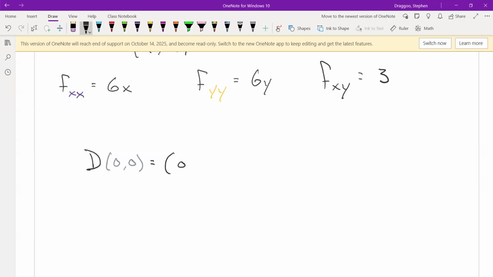But this thing ought to be 0 times 0 minus 3 squared, which is negative 9. This is less than 0, which means I have another saddle point.